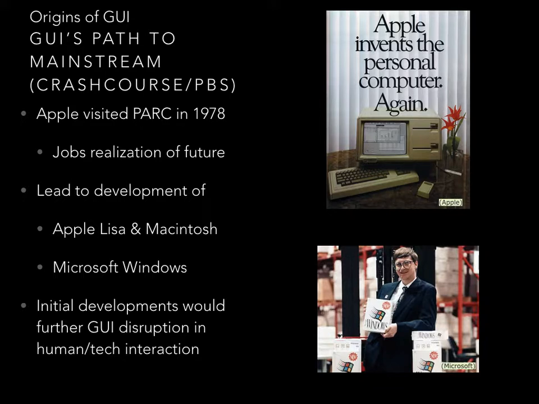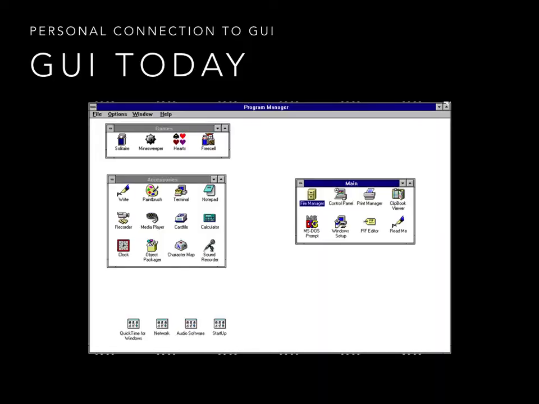And eventually it was its own standalone operating system by the mid-90s, which is when I was discovering computers for myself, and this is one reason I chose to talk about GUIs, as GUIs introduced me to computers.